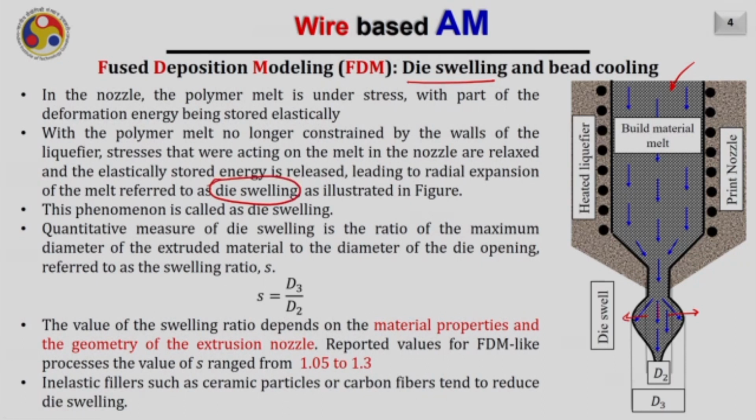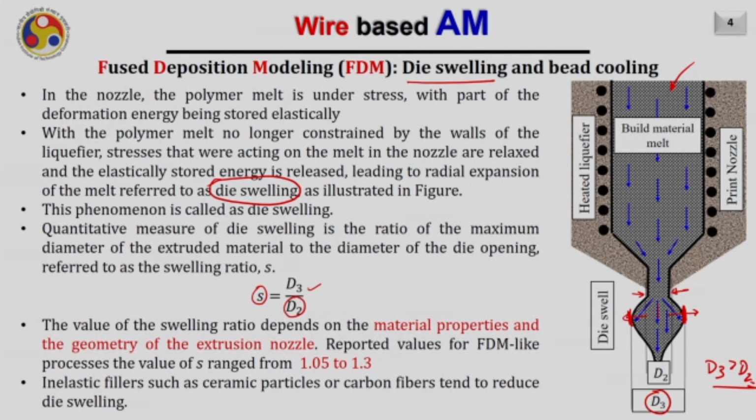The quantitative measurement of die swelling is the ratio of the maximum diameter, which is this diameter of the melt coming out of the nozzle, divided by the diameter of the nozzle at the exit. So if this maximum diameter of the melt is D3, divided by the exit diameter of the nozzle D2, this ratio is called the die swelling ratio S. As you can see, obviously D3 is greater than D2 in most cases.